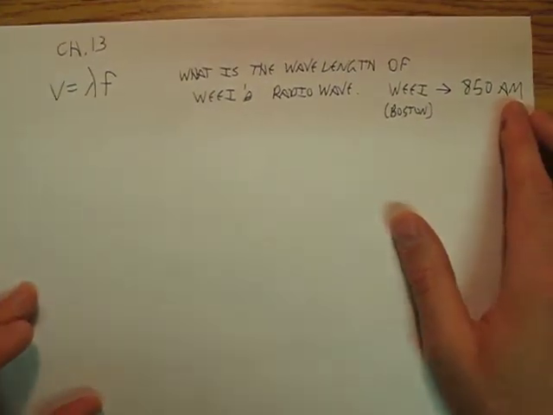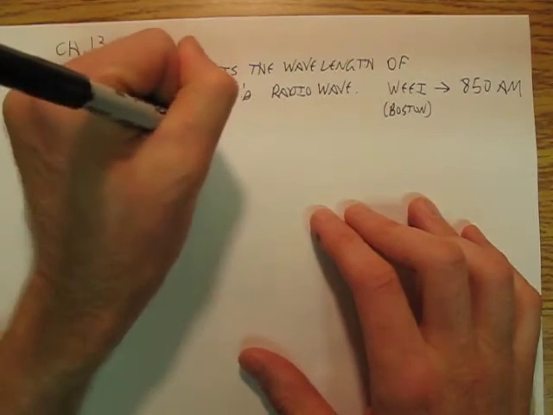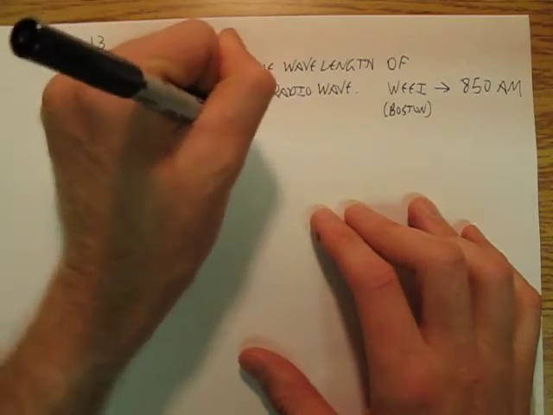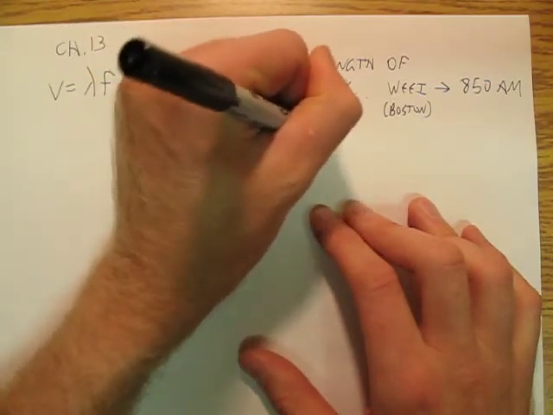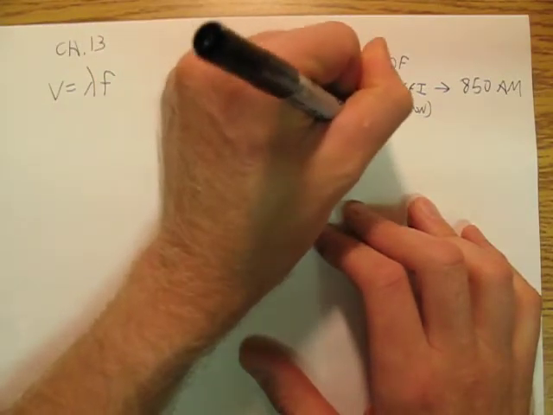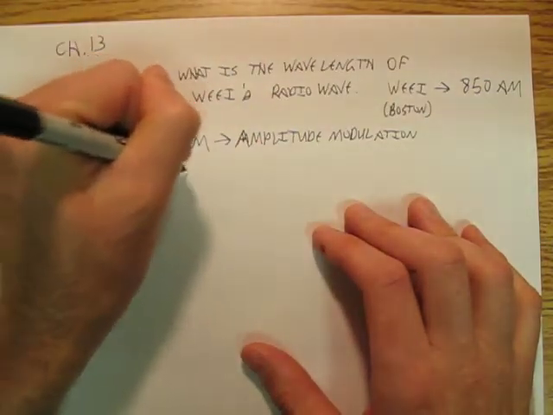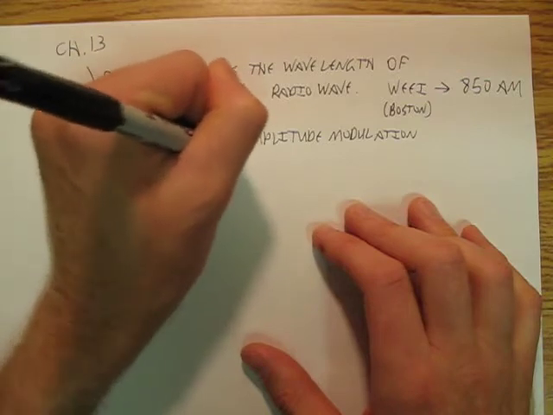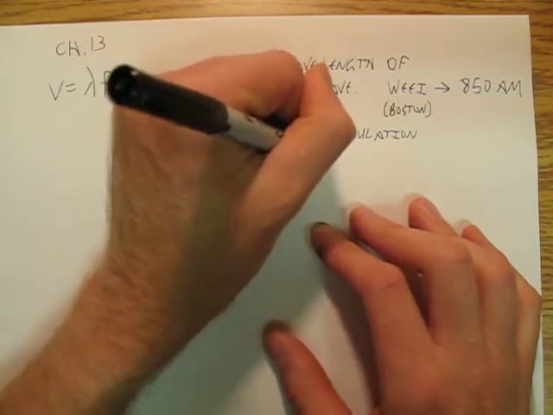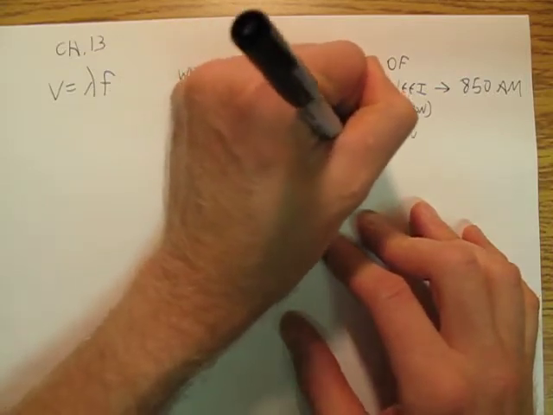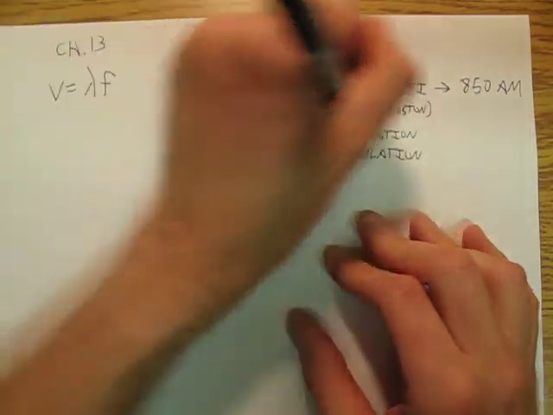AM doesn't really have anything to do with anything. AM means amplitude modulation, and FM means frequency modulation, but they're irrelevant right now.